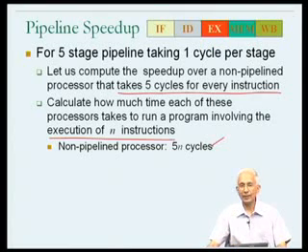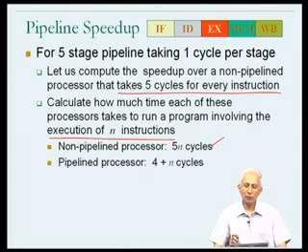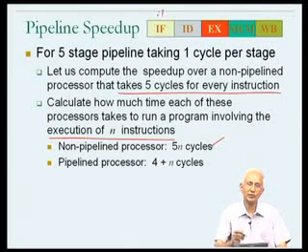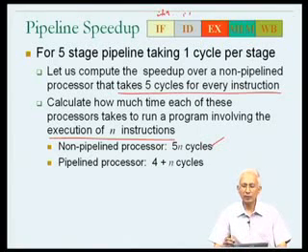What about the case of the pipelined processor? When the program starts executing, in the first cycle, no instruction will complete. It's a 5-stage pipeline. In the first cycle, the first instruction, I1, will get fetched. In the second cycle, instruction I1 will get decoded, and instruction I2 will be fetched, and so on. For the first 4 cycles, no instruction will finish execution.